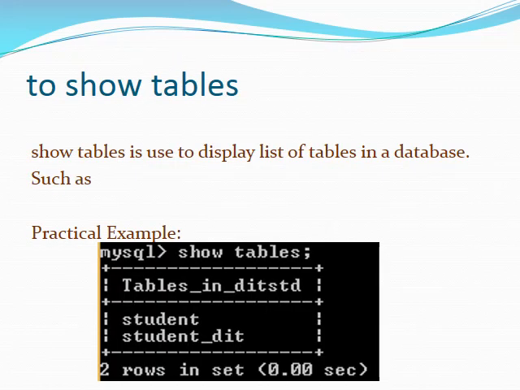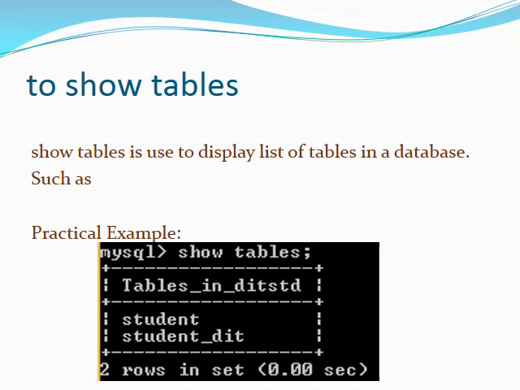Now in any database, when you select a database, after that you can show the list of tables, how many tables are available in a database. In the practical example, there is a DIT student database named DIT STD.